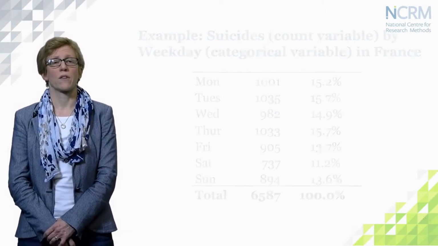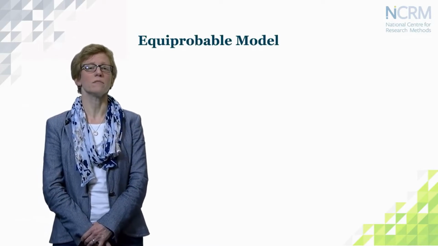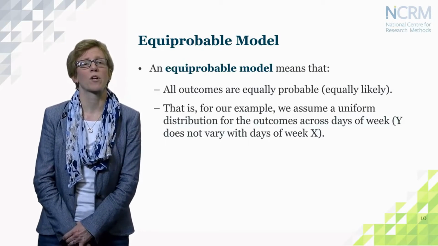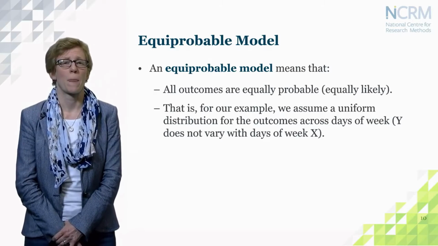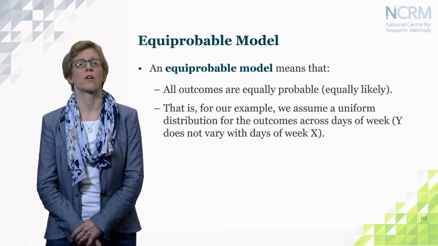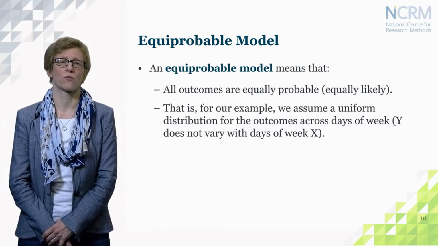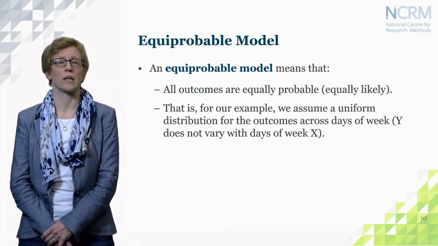Let's first look at a very simple case, the equiprobable model. The equiprobable model means that all outcomes are equally probable, equally likely. That is, for our particular example, we assume a uniform distribution for the outcome across days of the week, so y does not vary with the days of the week x.